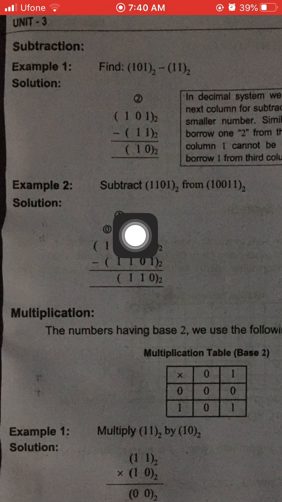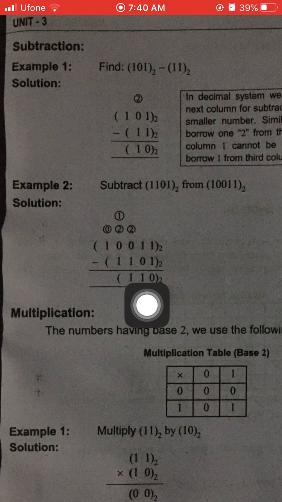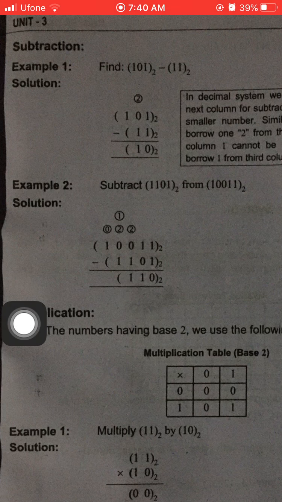Here you have 1. 1 minus 1 is equal to 0, and here the remaining number is 0 because you already carried this last one. So here you also write 0. So your answer is 110 base 2.